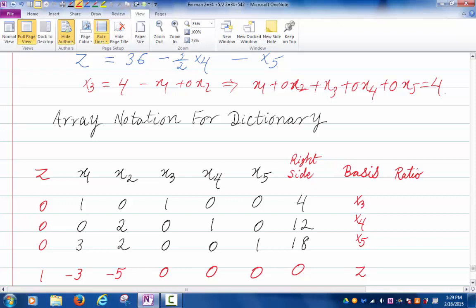So look at x3, it is a basis variable. There is only one non-zero entry below that variable, right? And that non-zero entry is 1. Same thing here, same thing here. Is that okay? That's how I know which ones are the basic variables.